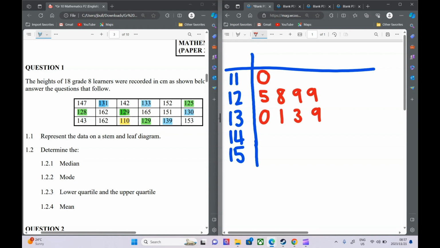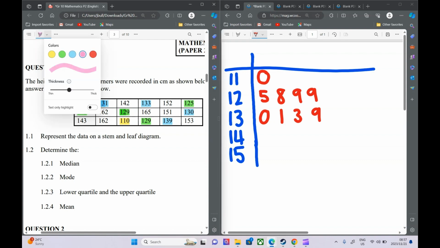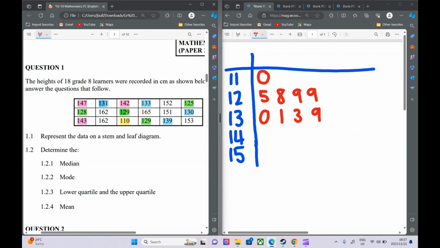If we have a quick look at our 40s then, I've got 142, 147, 143. Okay, so we're going to say 142, 143, 147.